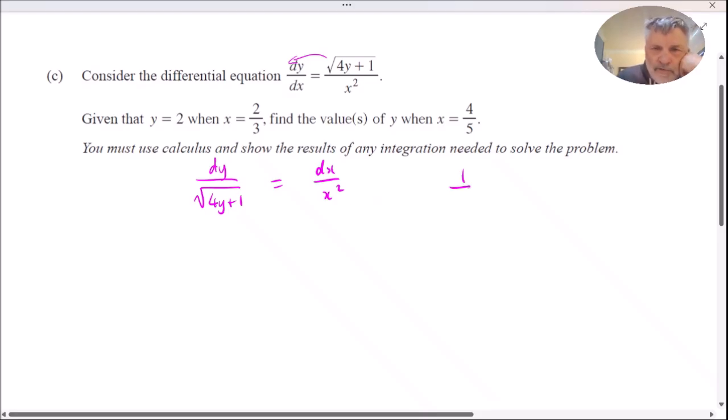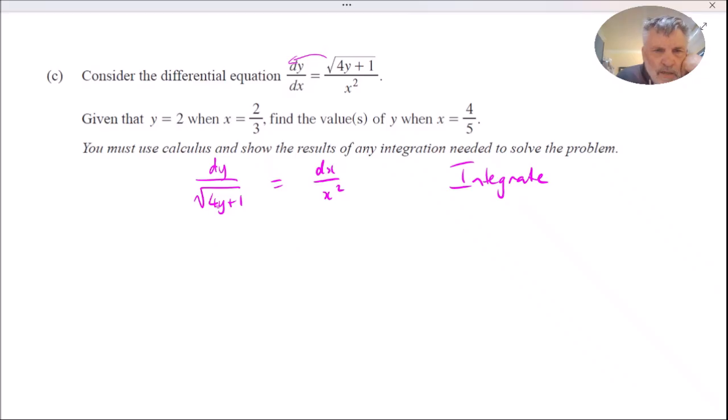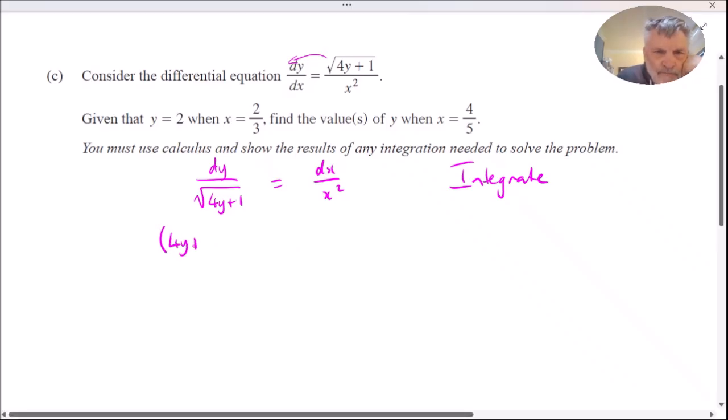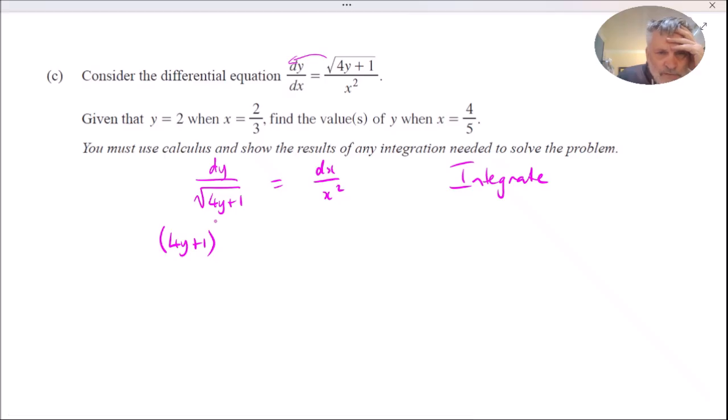And you could integrate both of these expressions. I think it's helpful to rewrite the 4y plus 1 as a power. It's a square root, which is a power of a half.